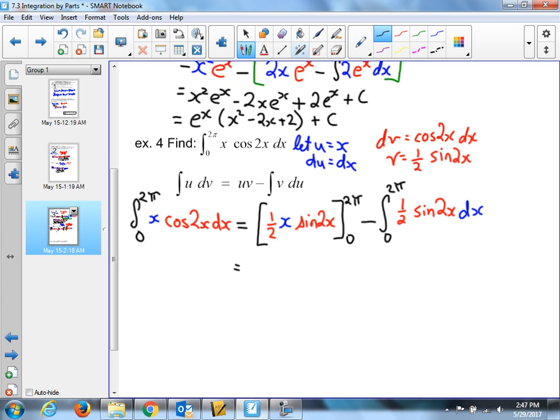I might as well start with the 2 pi 0 for the first part. 1/2 times 2 pi times the sine of 2 times 2 pi is 4 pi.